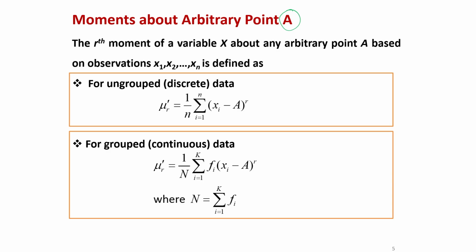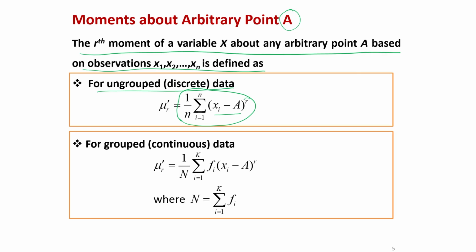So if I define the moment about the arbitrary point A, in general about A, about the mean and other things, the rth moment of a variable x about any arbitrary point, based on the observations x1, x2, xn, is defined for ungrouped data, that is discrete data, like this: 1 upon n summation i goes from 1 to n of (xi minus A) raised to the power r.